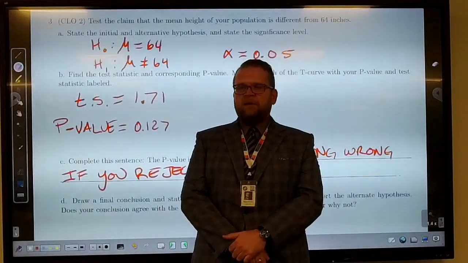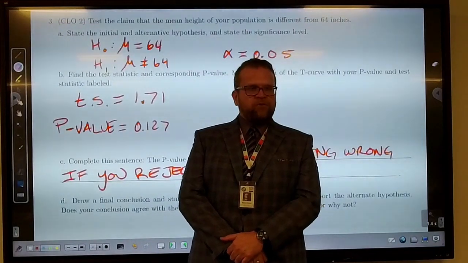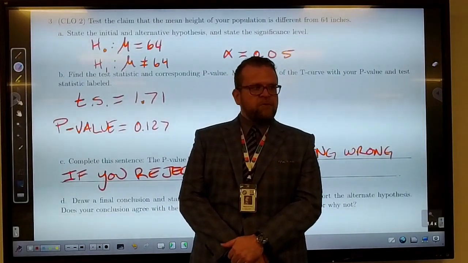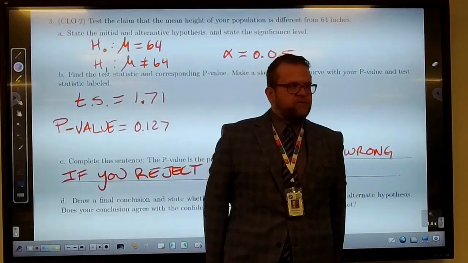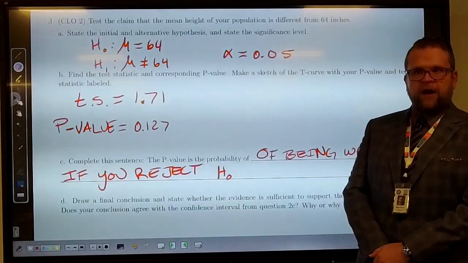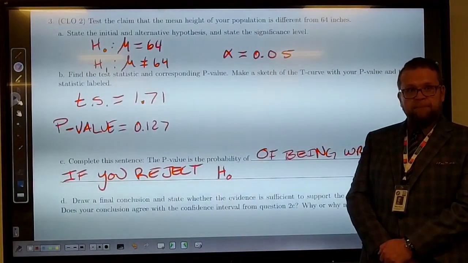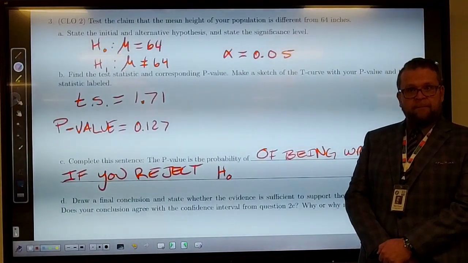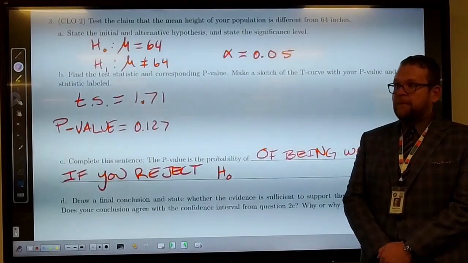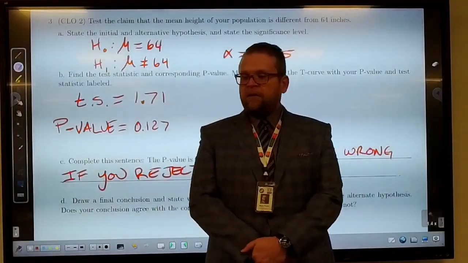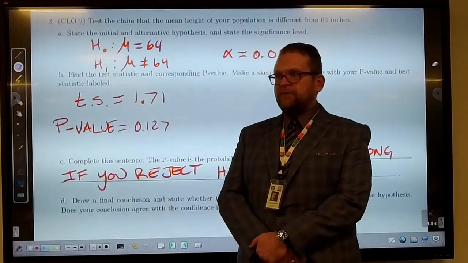Okay. When we started to do probability questions, we would answer stuff like, what's the area to the left of negative 1.5? And we would interpret that as a probability. Probabilities and areas under the curve are the same thing.